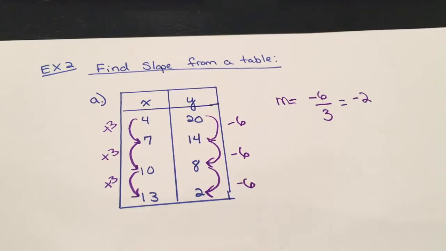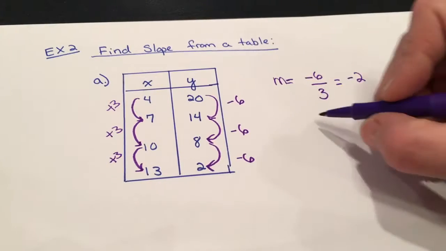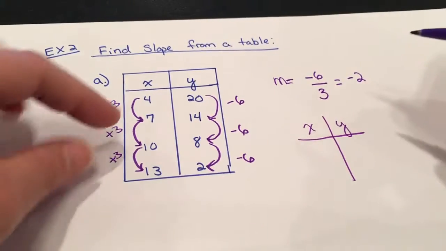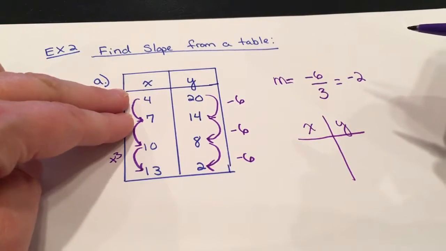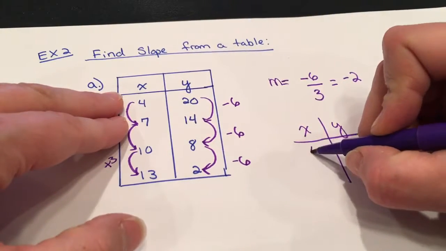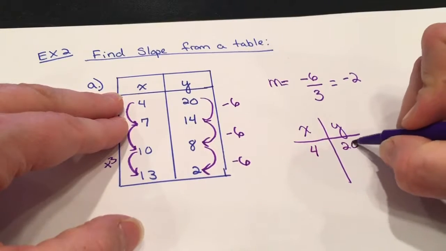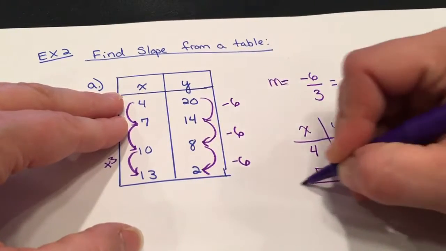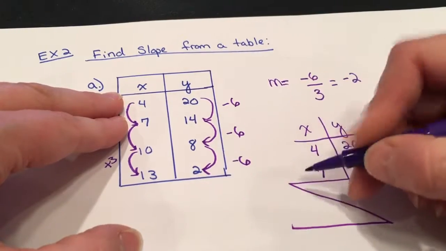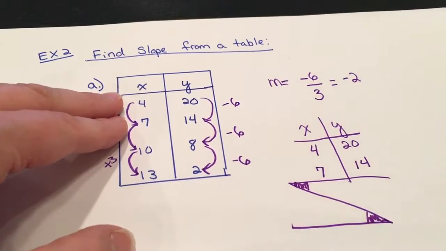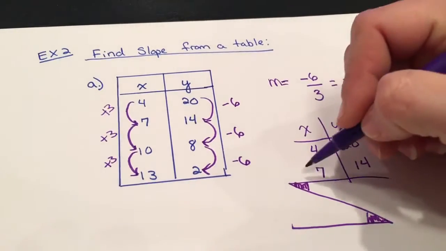The other way we can look at it is just taking the XY chart, like I showed you before. Pick any 2 points that you have in this chart. So I'm going to pick the first 2. I have 4, 20, and 7, 14. And create my mask of Zorro backwards Z. And I color those in, and now I'm just going to subtract.